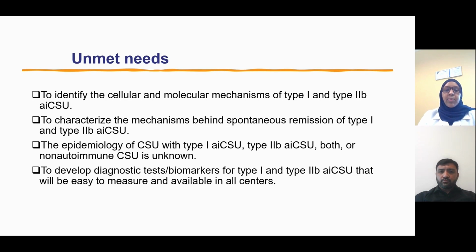And to develop diagnostic biomarkers that are easy to measure and available in all centers, that will help us to diagnose these endotypes, to follow the treatment response, and to follow the disease course. Thank you.